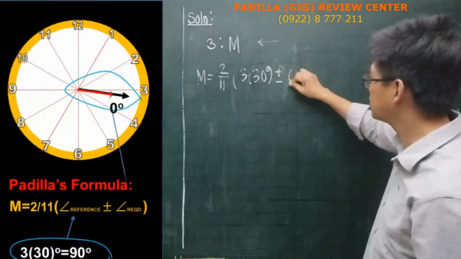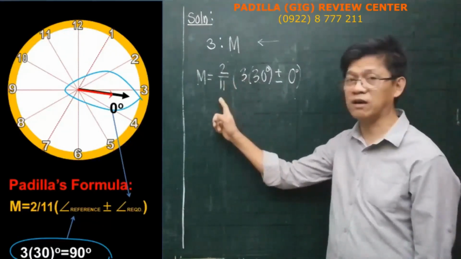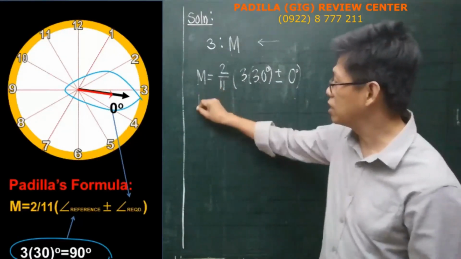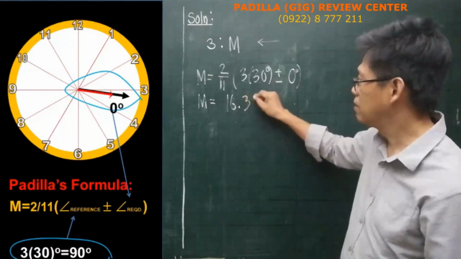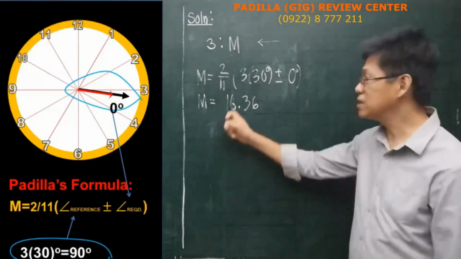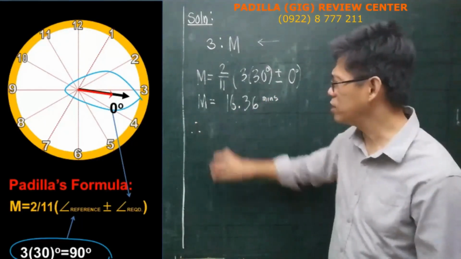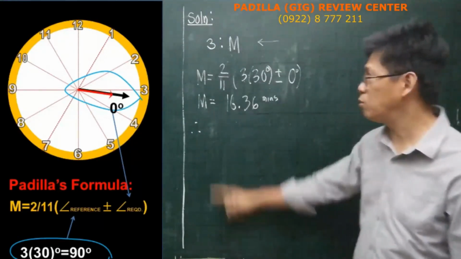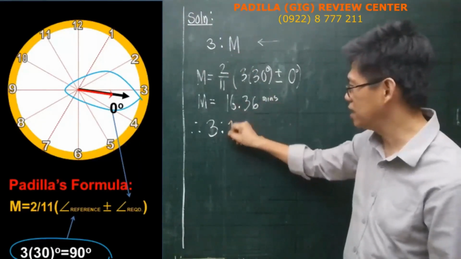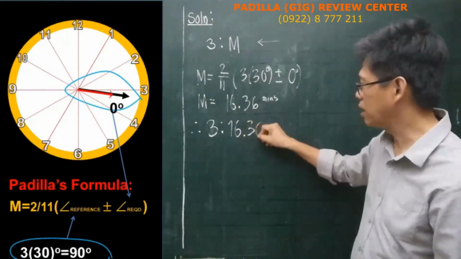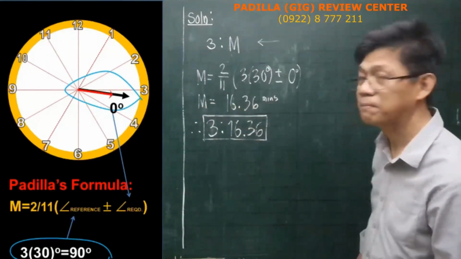So, this is 0. So, 90 times 2 over 11 times M. You'll get here M is going to be 16.36. So, this is in minutes. So, therefore, the time after 3 o'clock when they will be together is alas 3:16.36. This is the required time.